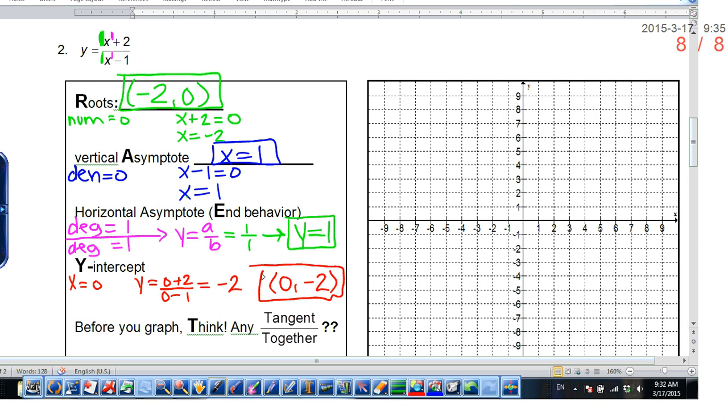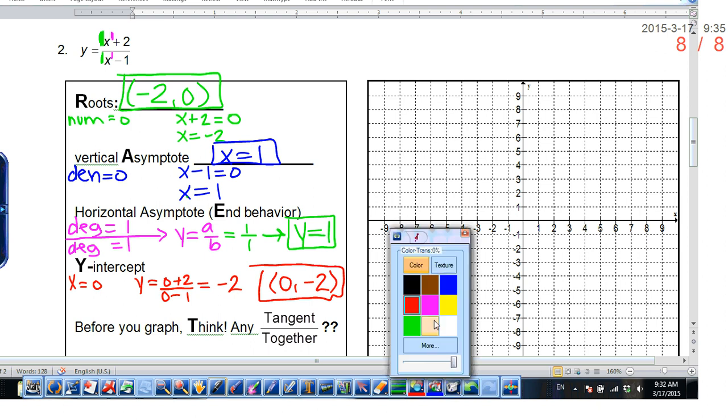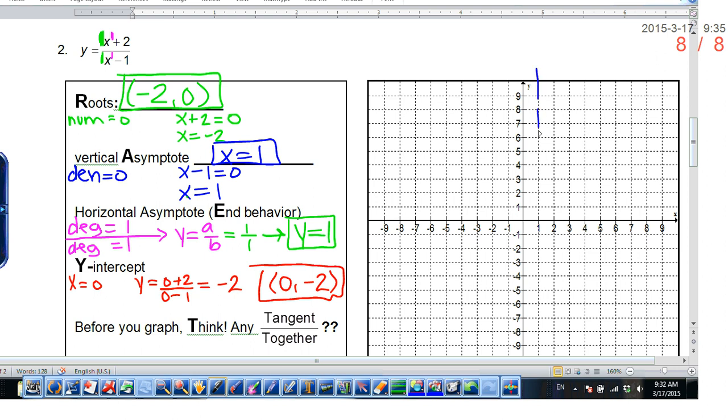All right, before we get to the T, plot these 4 things. So plot your asymptotes. Make sure every time you graph an asymptote, you are labeling it with its equation, and you are drawing it with a dotted line.